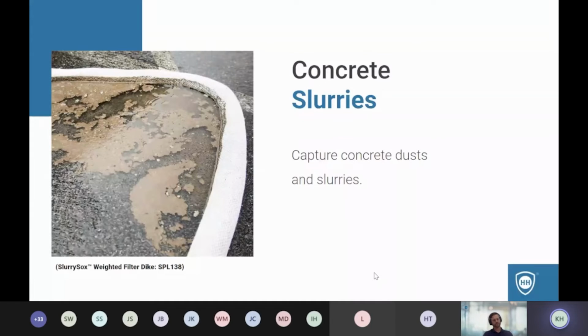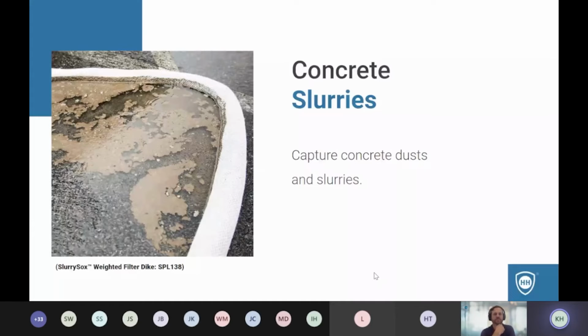Because of course, if you let it get into a water stream, that's a solid, a TSS, that is contributing to a lot of problems. It settles into that water stream and doesn't allow the fish and the fauna to have the nutrients that they need from that soil. So it's not difficult to track where concrete slurries are coming from.